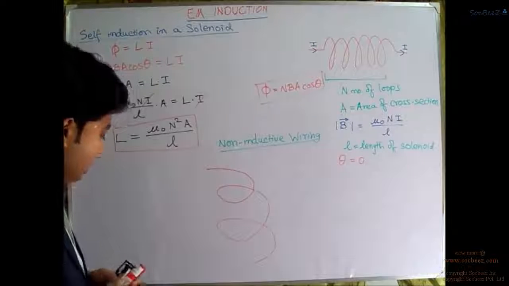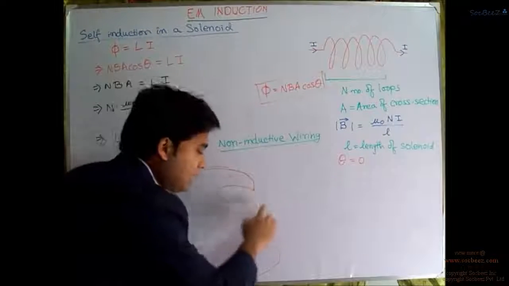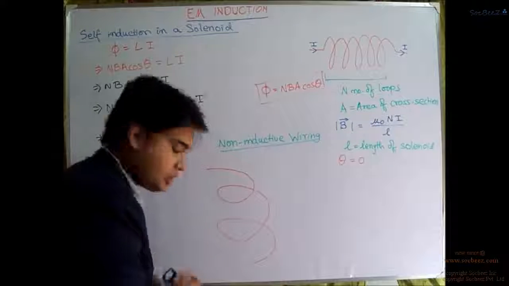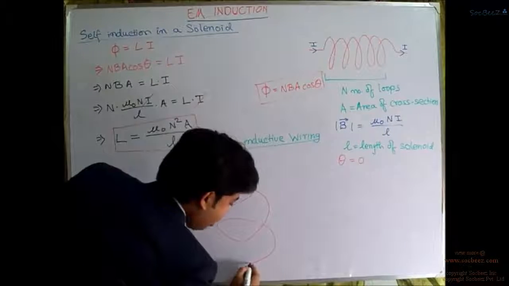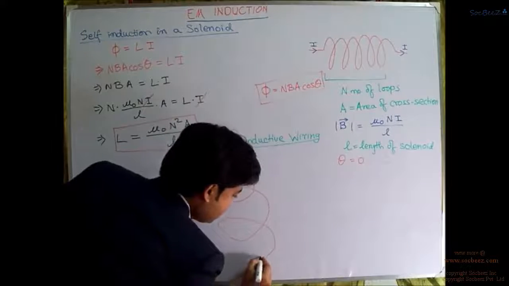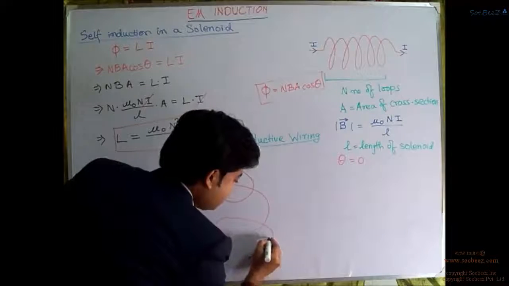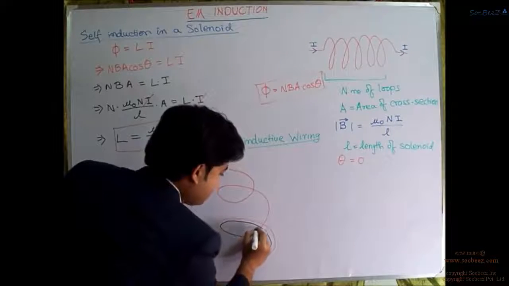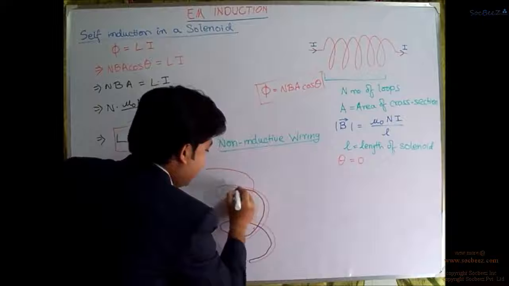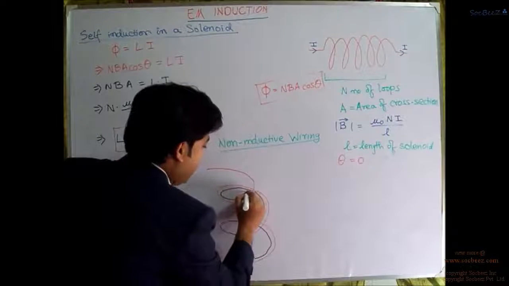A coil, first of all, is coming like this, and afterwards it is joined again such that it goes like this.